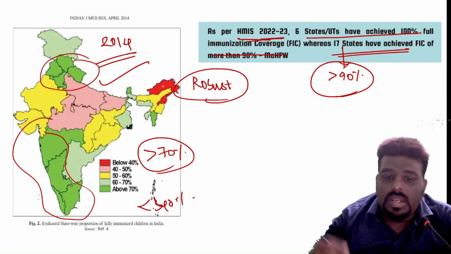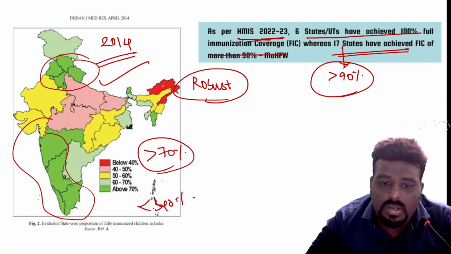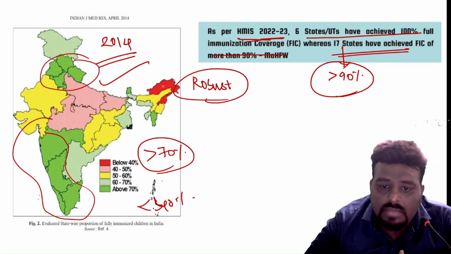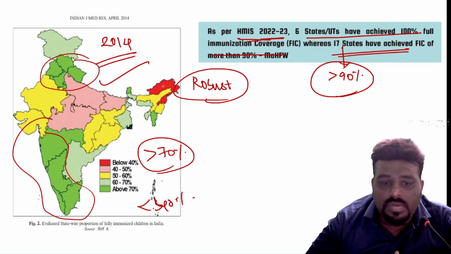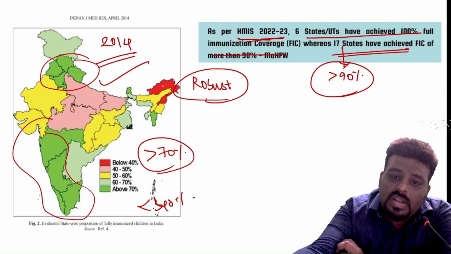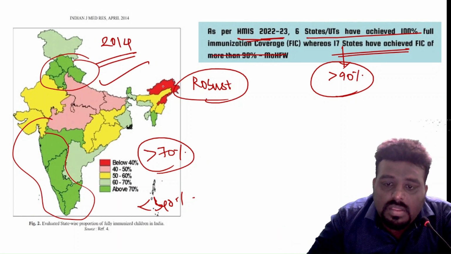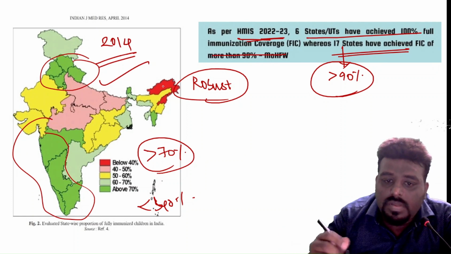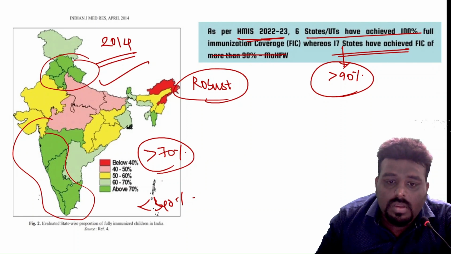Many workforce and human resources have been combined in that to have this immunization coverage of more than 90%. As you can see, HMIS, that is Health Management and Information System 2022-23, says 6 states have achieved 100% immunization coverage.